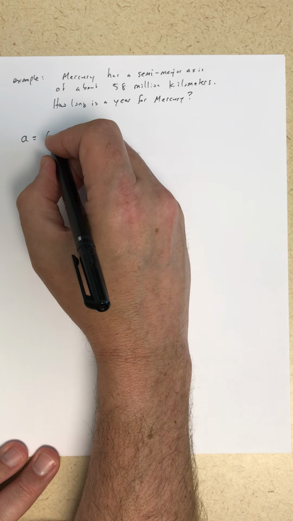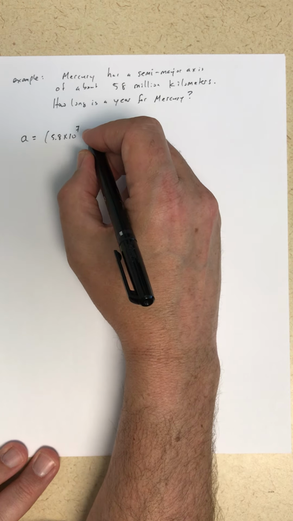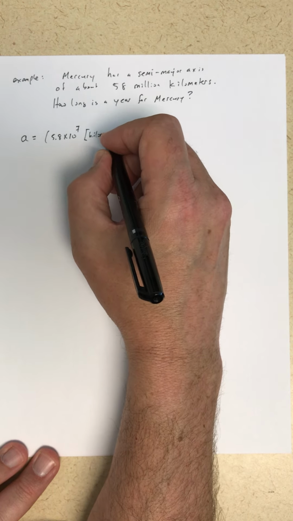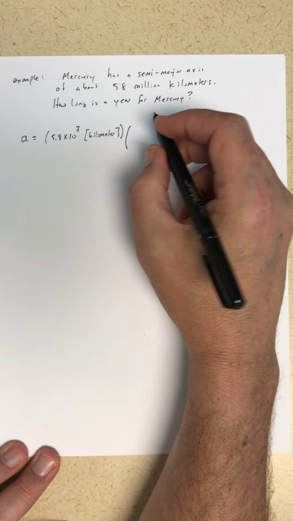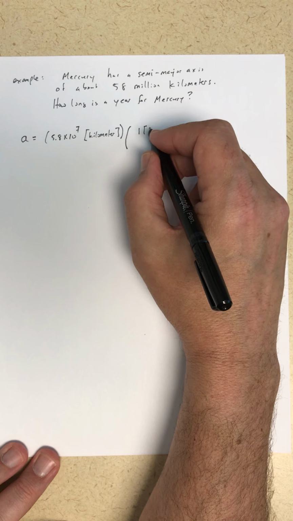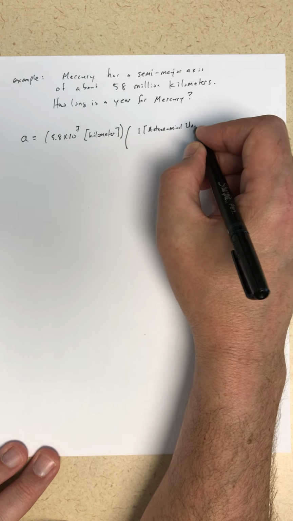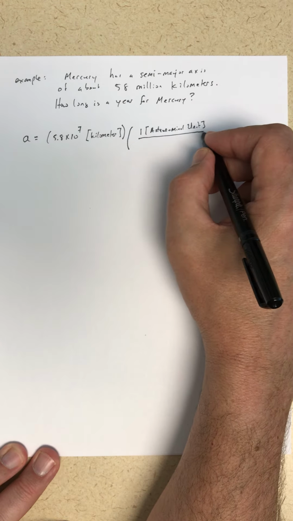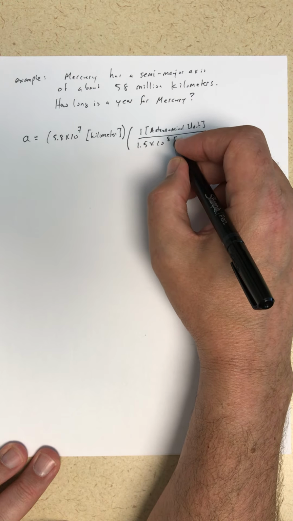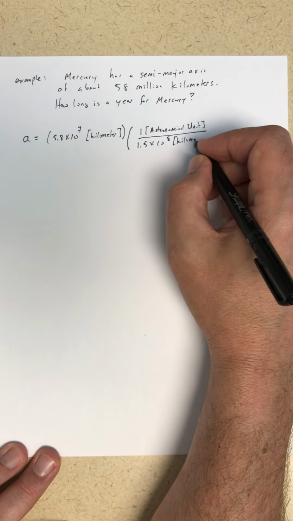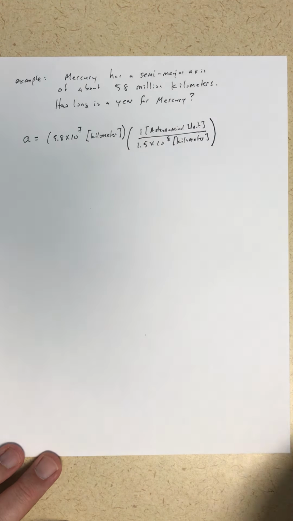So 58 million, 5.8 times 10 to the 7th kilometers, and 1 astronomical unit is 1.5 times 10 to the 8th kilometers. So we're just multiplying by 1 to change the units.